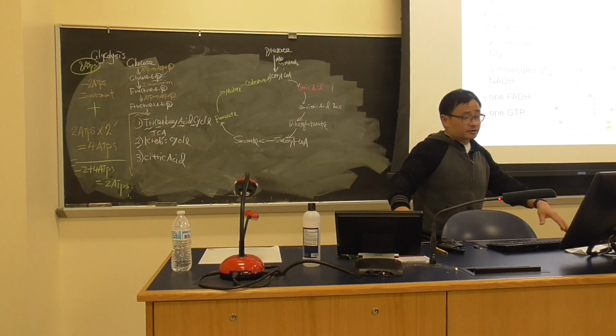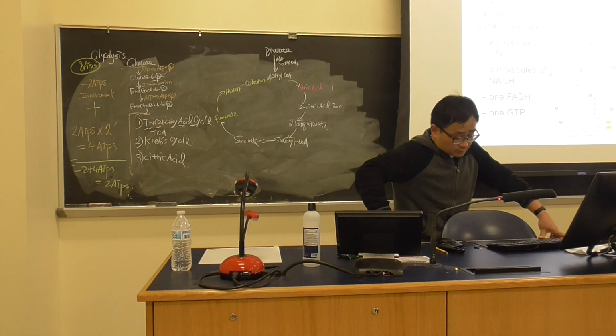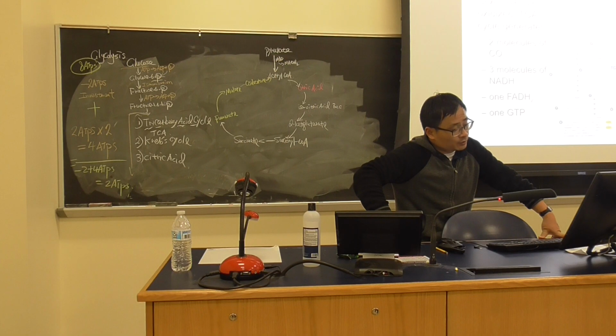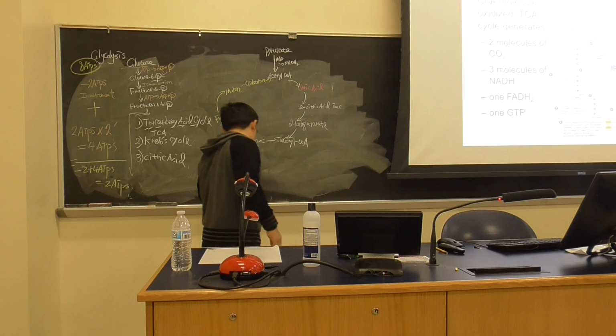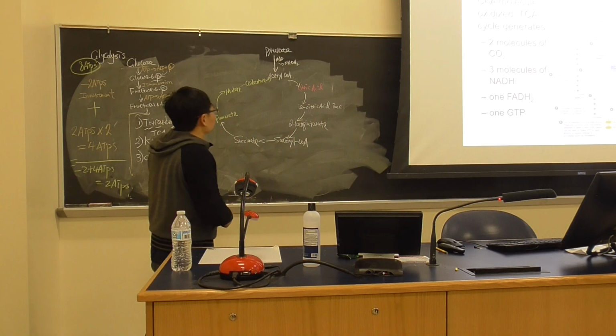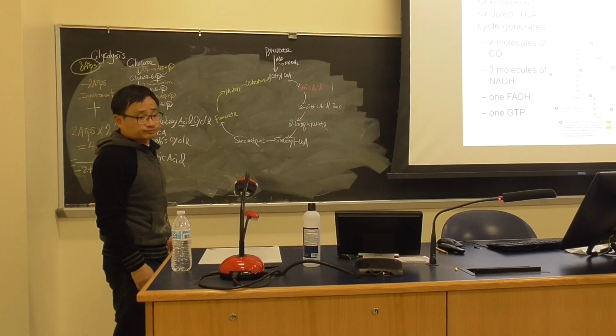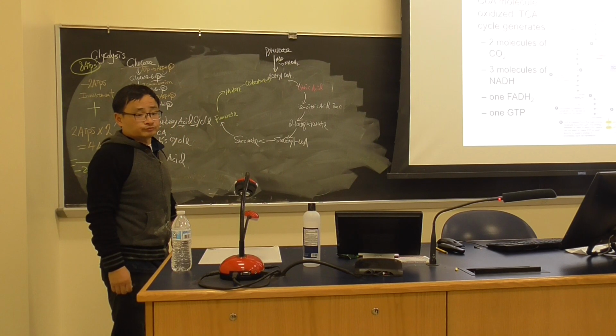We don't worry about these chemicals. We don't worry about these structures. We only care about where we generate ATP. Okay? So, we talk about aerobic respiration. Where does the ATP come from? Why do we call it aerobic respiration? Because they are coupled with the electron transport chain.